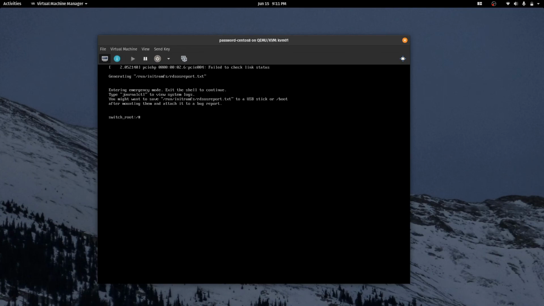So same routine: mount -o remount,rw /sysroot. I spelled that correctly. chroot /sysroot, passwd root, and this time let's do the password as Fedora, even though this is a Pop!_OS instance I have here.